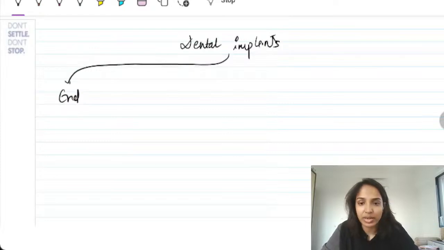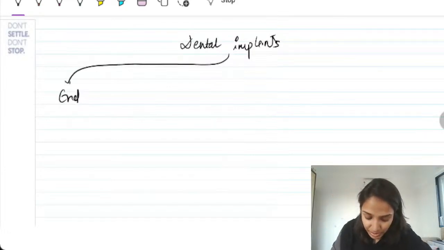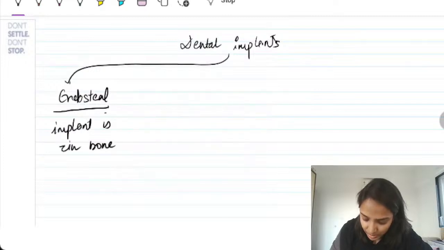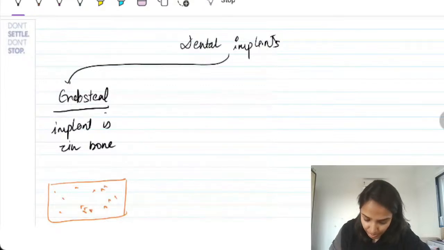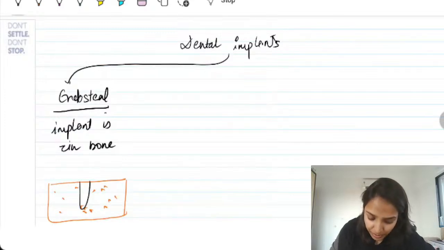So I have a confirmation that I'm audible. Great. So dental implants can be classified as endosteal. This means that the implant is within the bone. If you have a bone structure like this, the implant would be within the bone like this. Fine. That is the first one.